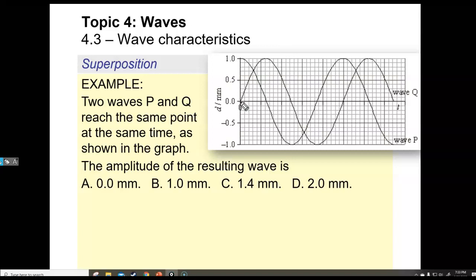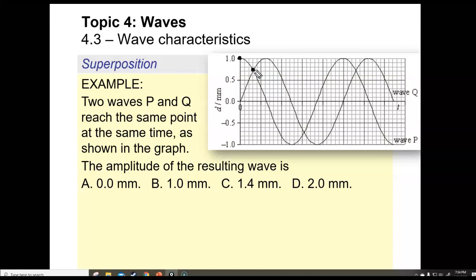So let's start at 0. At 0, the superposition of P and Q would be positive 1 plus 0. And so the superposition would be at 1. Let's go to another point. Let's say this point right here. This point right here appears to be approximately 0.7.